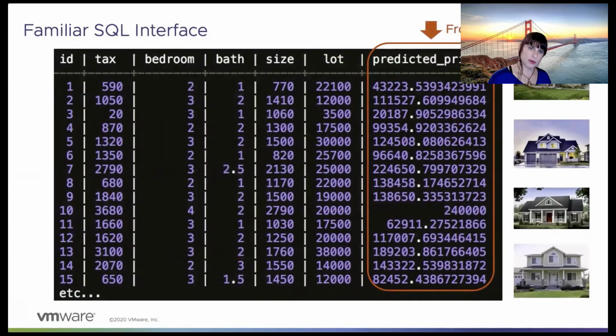So here's what the result would look like, the table that comes back as a result of that predict function. These are the features, the property tax, the bedroom size, bathroom size, lot size, etc. You can add as many features as you want, and it just looks at all of those, and based on all of the examples you fed it, it predicts what the new price is.